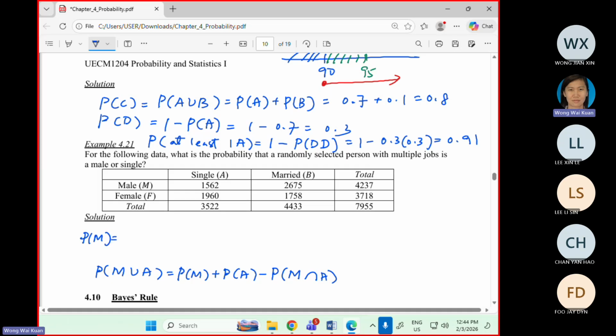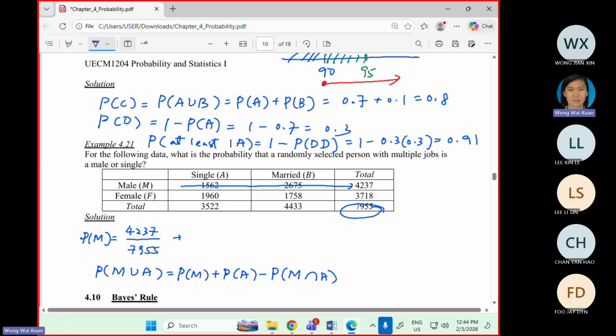So we need to find the probability of M. What is the probability of M? M is this one, so it's 4237 over 7955, the total.